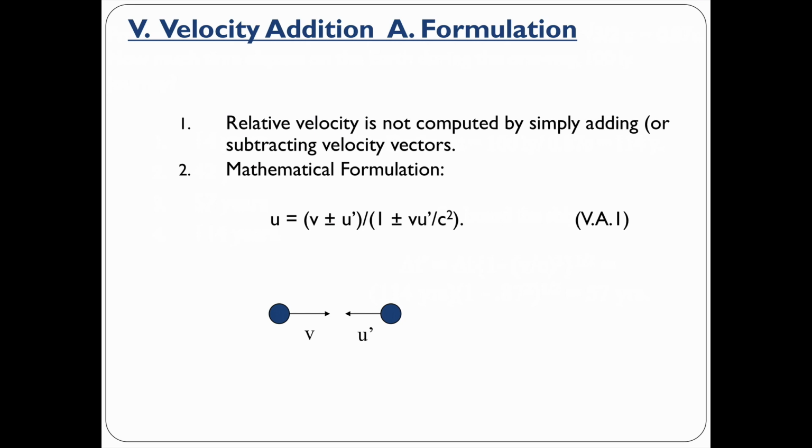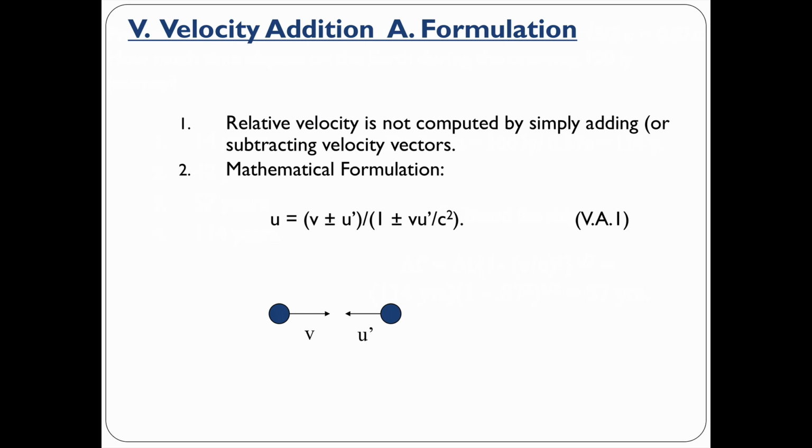If you have two particles, one with speed v and one with speed u prime, and they are closing in on each other, you would add those speeds, so it would be v plus u prime divided by 1 plus v times u prime over c squared. If they were moving away, you would use the subtraction, right?